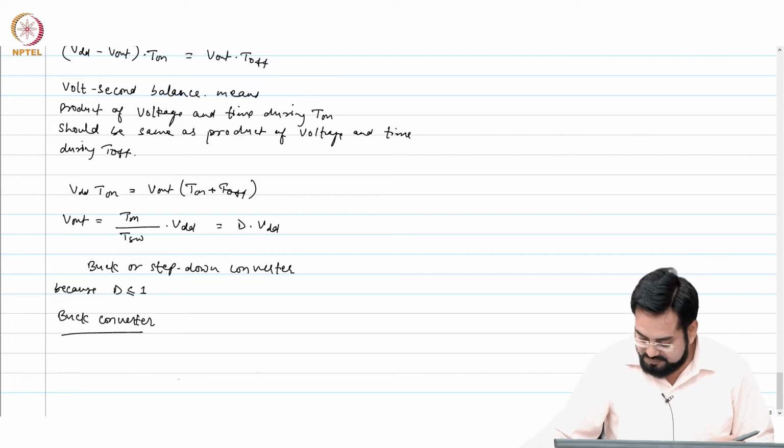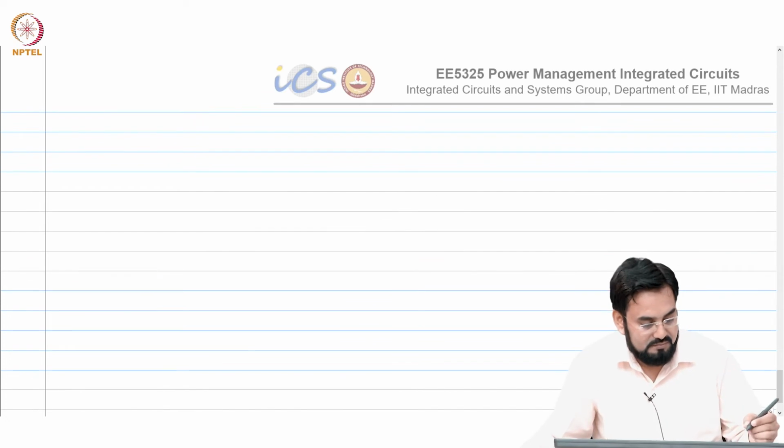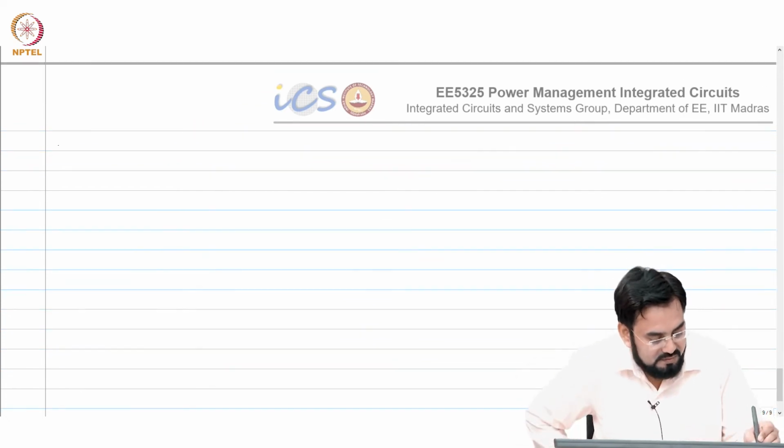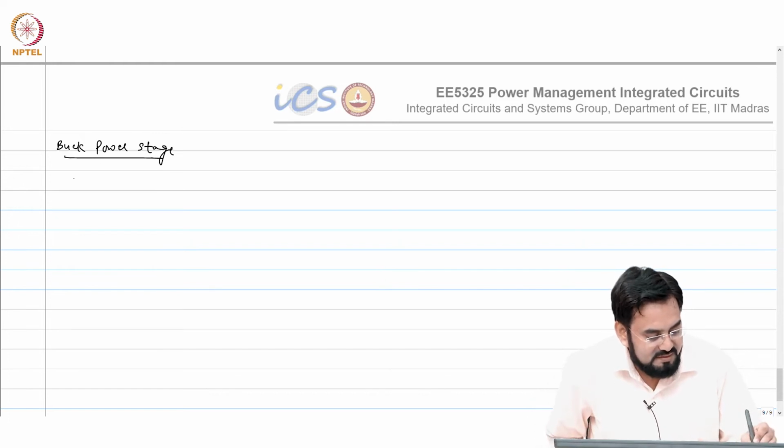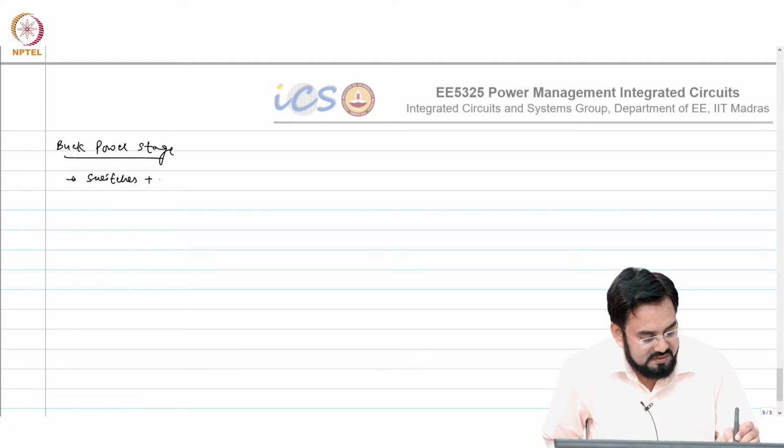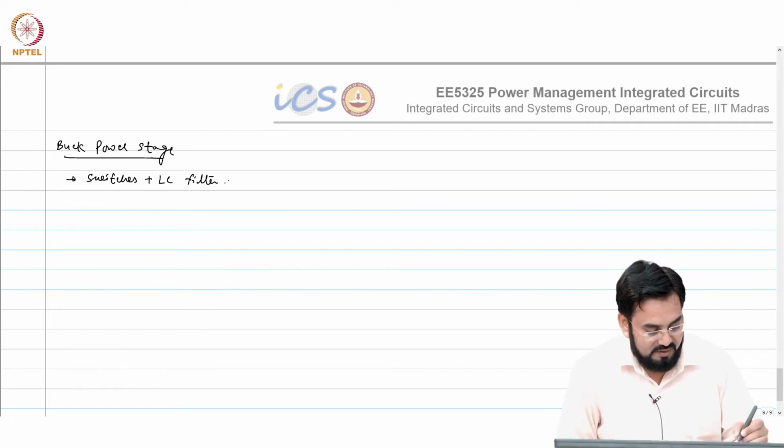So, let us see how you implement the power stage here. Buck. Power stage means switches plus LC filter.